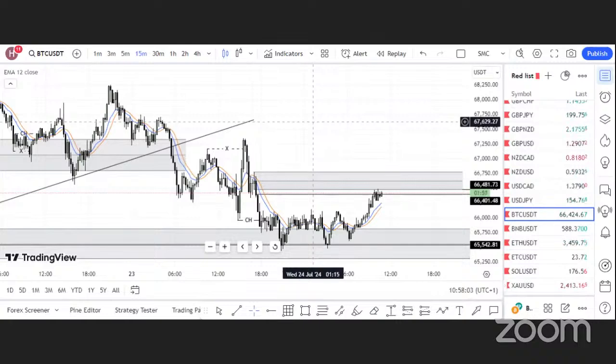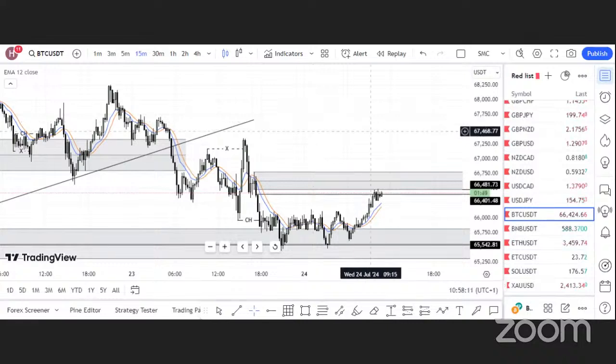Okay, less than 2 minutes now. So at the end of the candle, if a rejection is created around this level, then we would just go ahead and open a sell position.